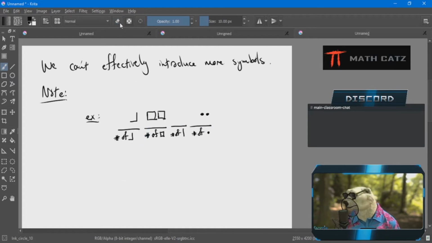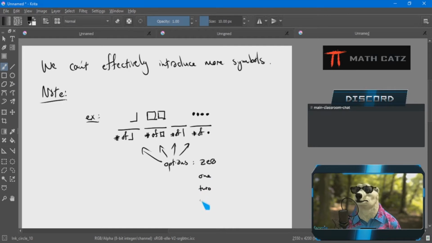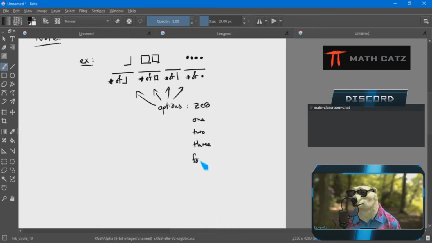And my options for how many there could be are quite limited. In our language, our options are 0, 1, there could be 2 of a symbol, there could be 3, there could be 4, there can't be 5, because then it would roll over to the next symbol. So these are our only options.